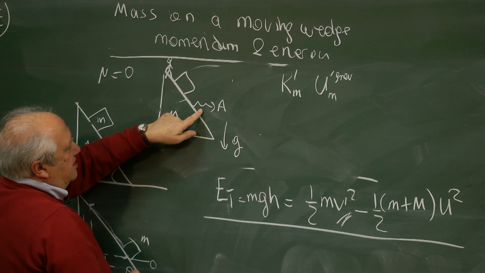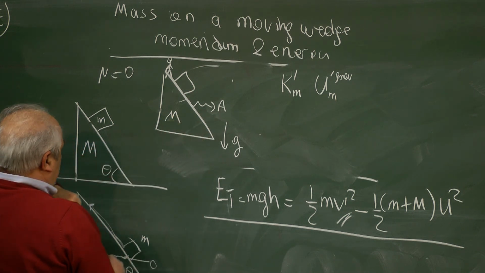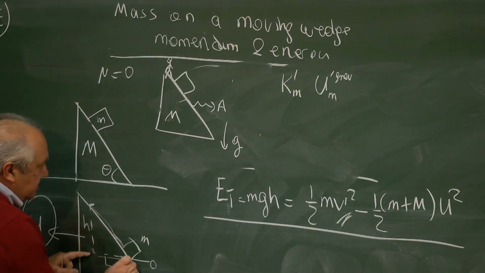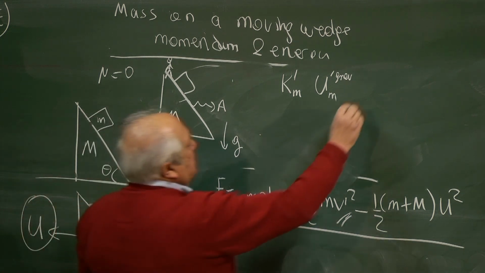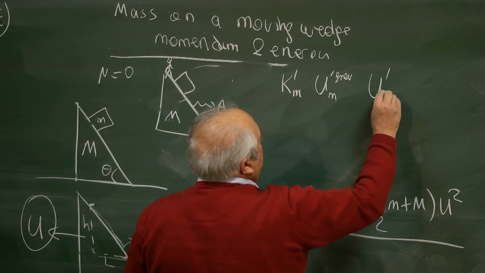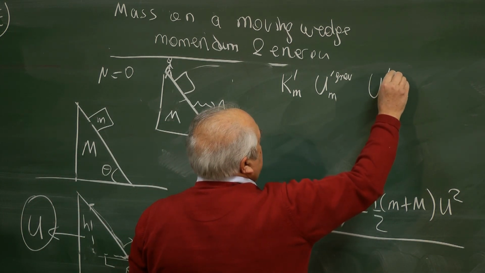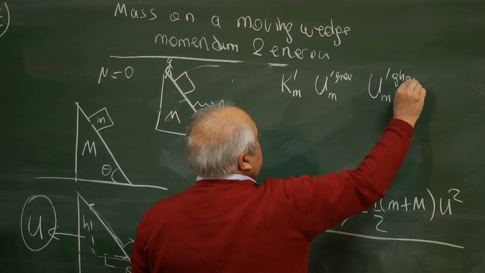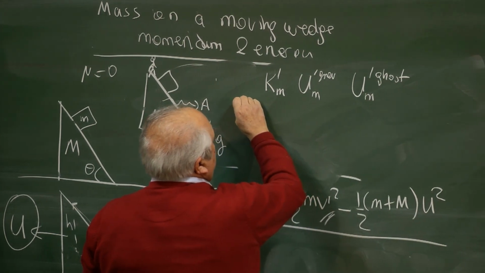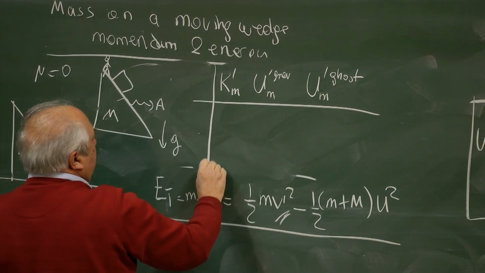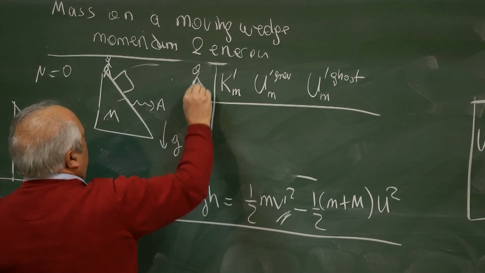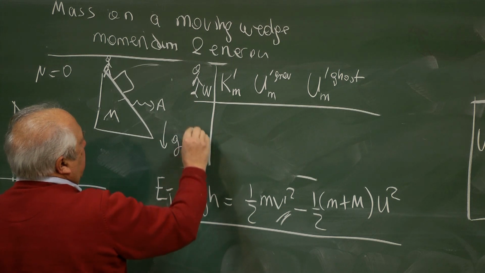We have a constant acceleration to the right, and it goes down by distance l. So let's say u prime m, ghost or fictitious, on the wedge.